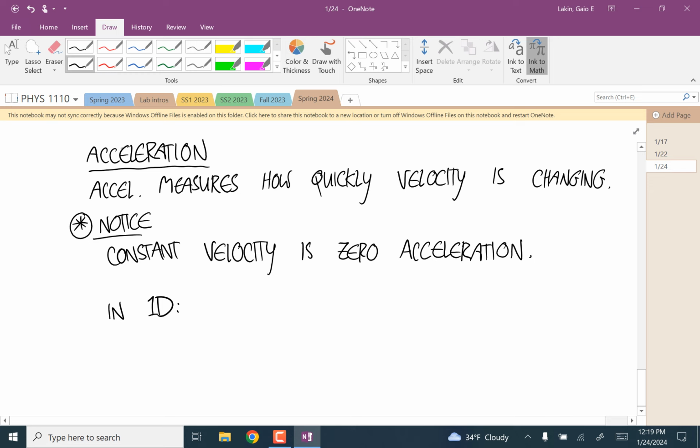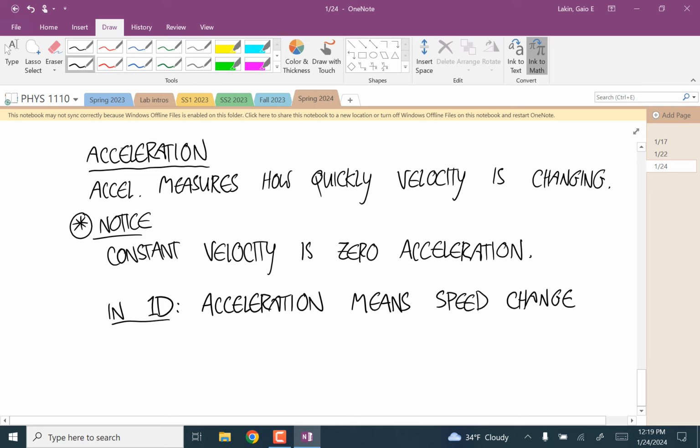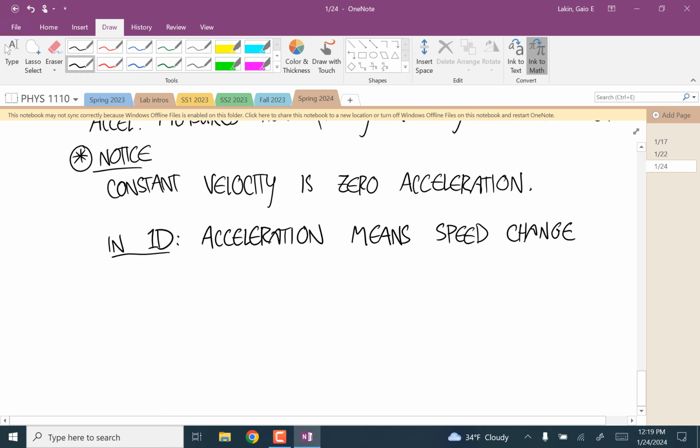In 1D, non-zero acceleration means the speed is changing. In 1D, any acceleration changes the speed of the object. And I want you to start getting used to this idea now.